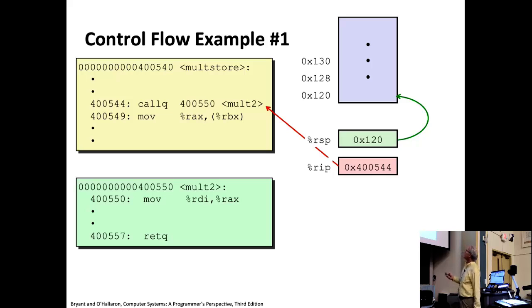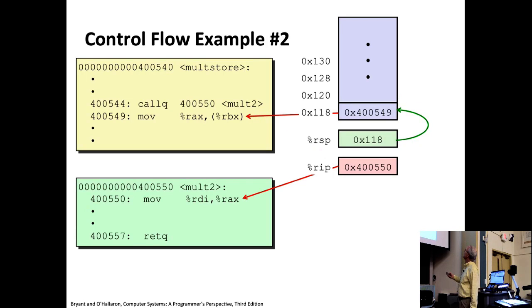And so what would happen with the call instruction is it would do three things. It would decrement the stack pointer, and so subtracting 8 from 120 in hex gives you 118.